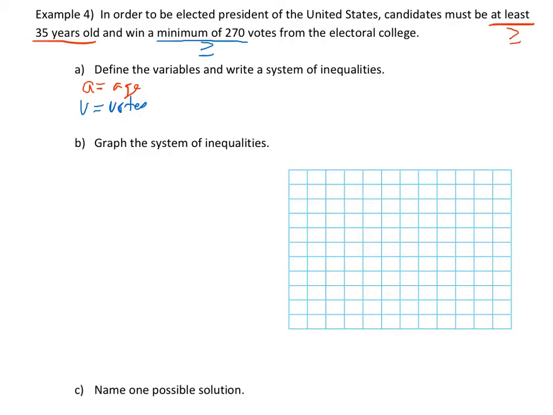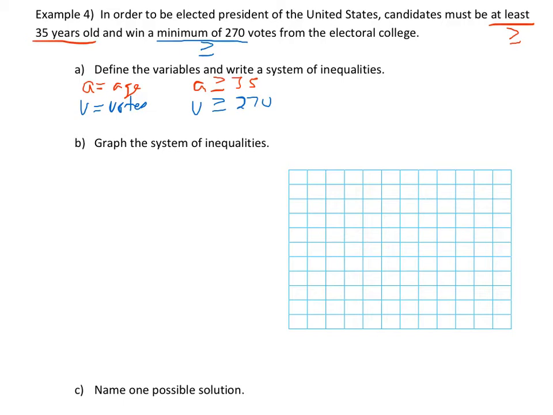So age, or in other words, A, must be greater than or equal to 35 years old. And the number of votes must be greater than or equal to 270 votes.